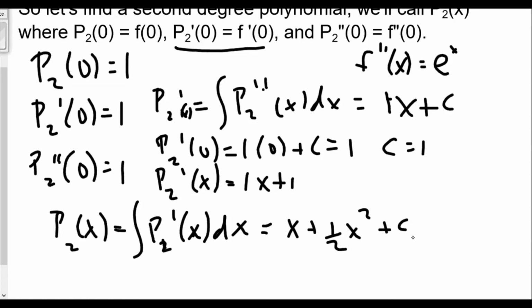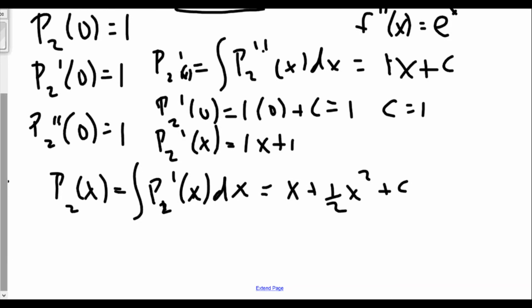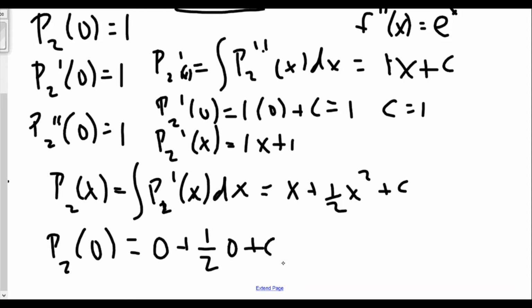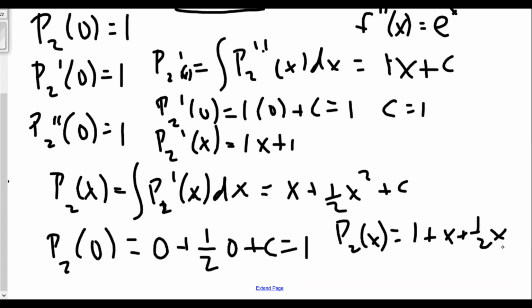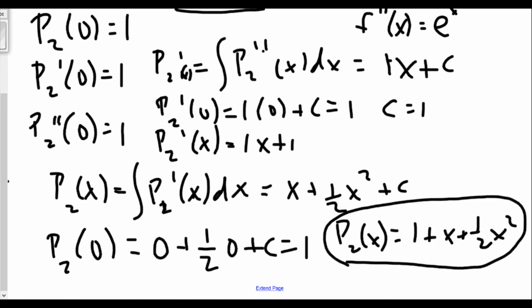At p2 of 0, we have 0 plus 1/2 of 0 plus c, which equals 1. Therefore p2 of x is 1 plus x plus 1/2 x squared. That's not so bad. We just take the integrals.